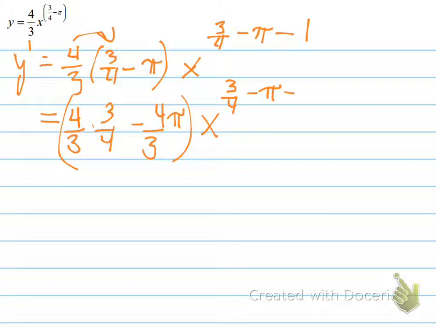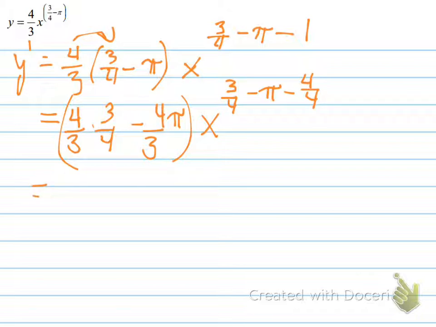Well, I see that 3/4 I can combine with this negative 1 on the end, so I'm going to rewrite this. Instead of subtracting by 1, I'm going to subtract by 4 over 4. Then I'm going to combine 3 over 4 minus 4 over 4.